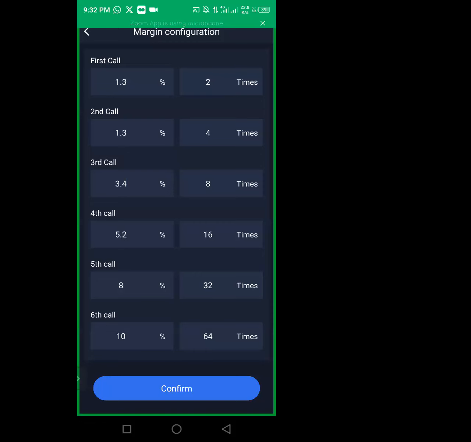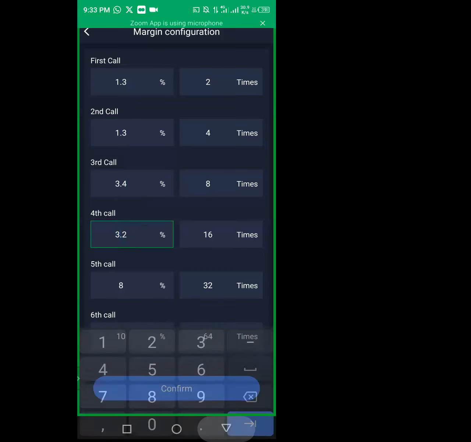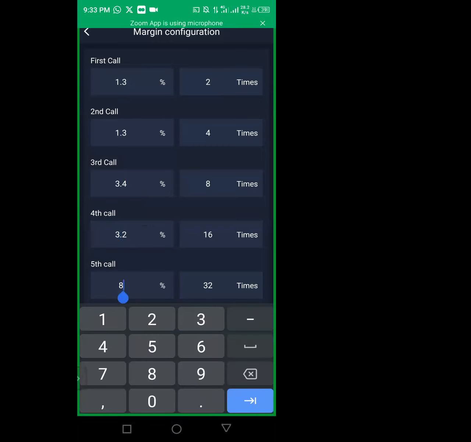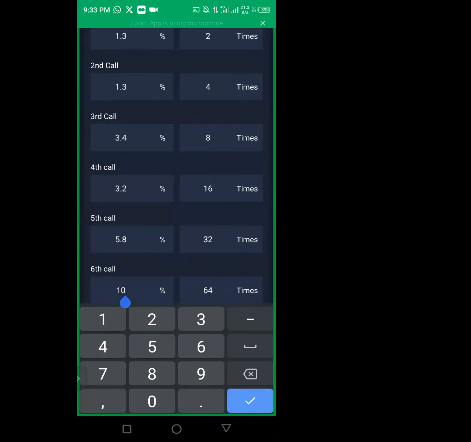If we say the fourth call, let's reduce it to 3.2. 6 plus 3.2 will give us 9.2. Let's reduce this one to 5.8. So 9.2 plus 5.8 will give us 15. So you can make this one 5.